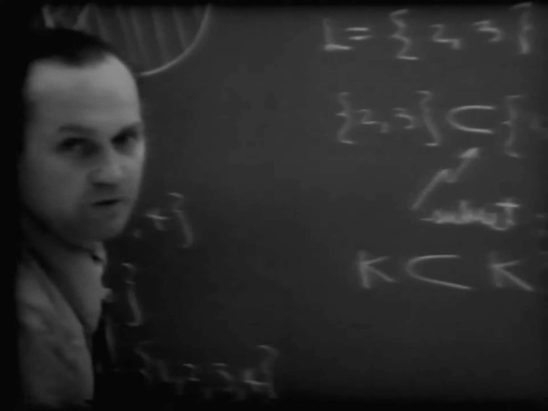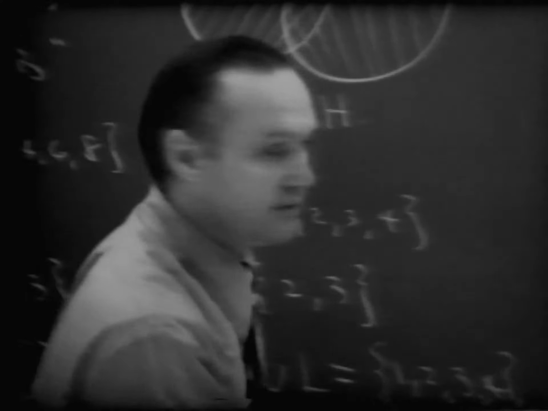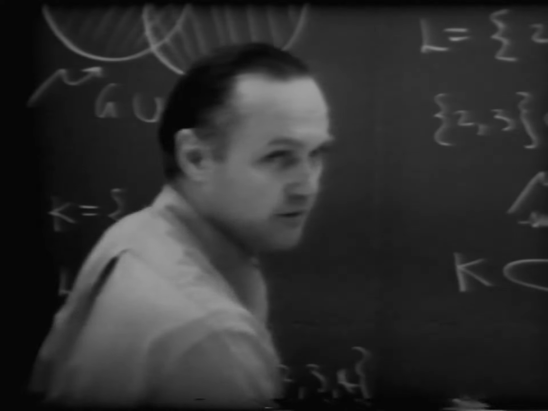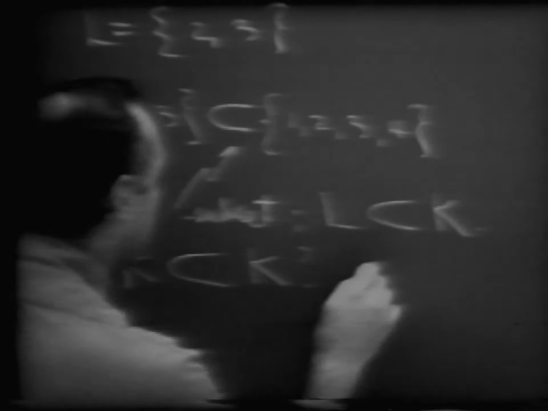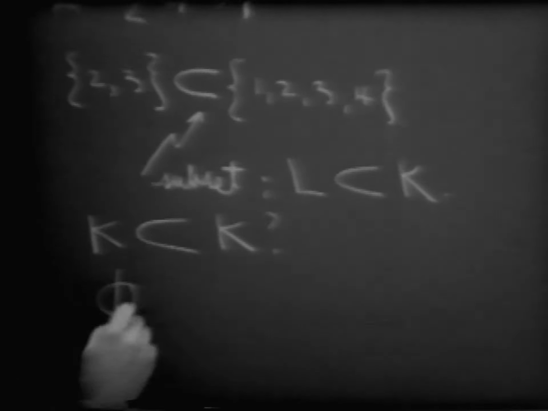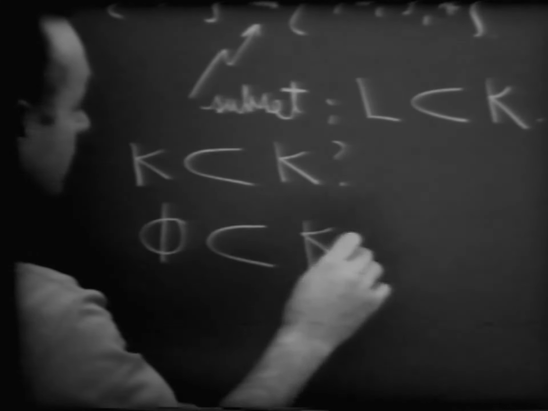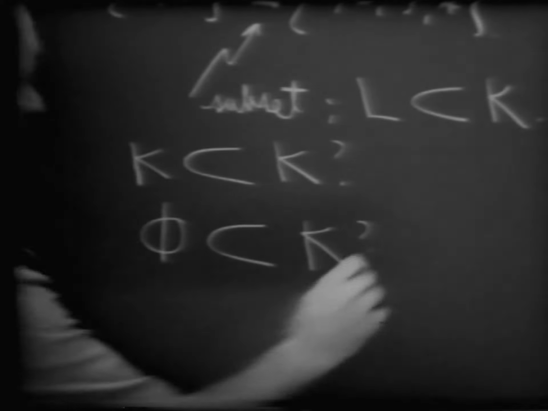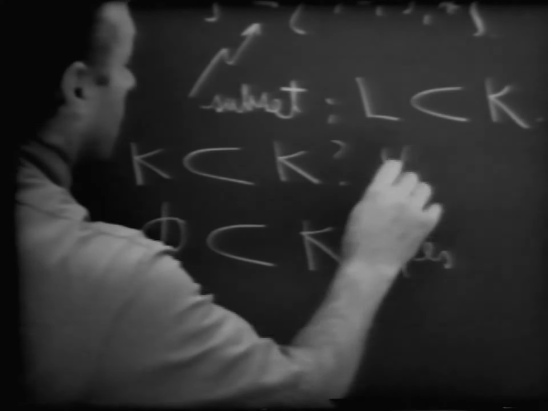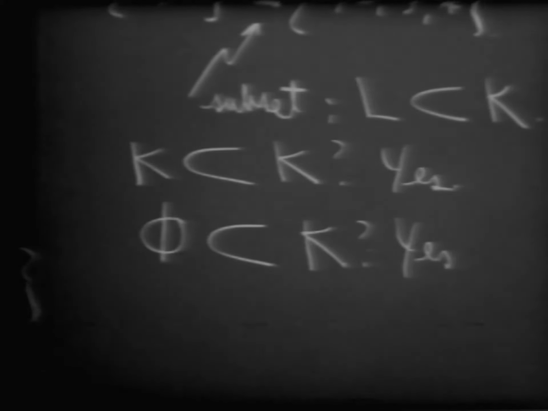There's another agreement that we make, by the way, that I'm not sure that the book makes at this time, but most mathematicians will make this agreement, and that is that the empty set is a subset of every set, except itself. All right, and indeed, in both cases we will answer yes.